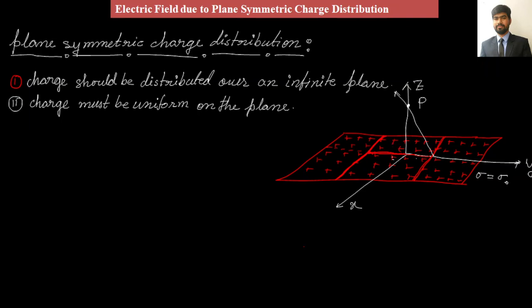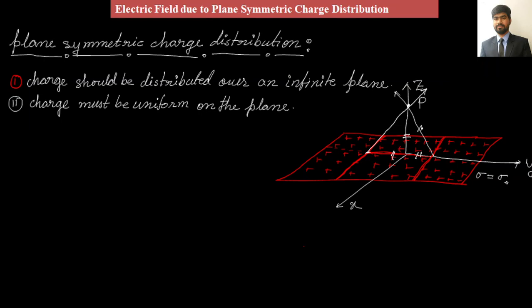Now if we calculate the electric field because of this second wire at point P, the electric field will be along this direction. See, for both wires, this distance and this distance are the same, and this distance is also the same.